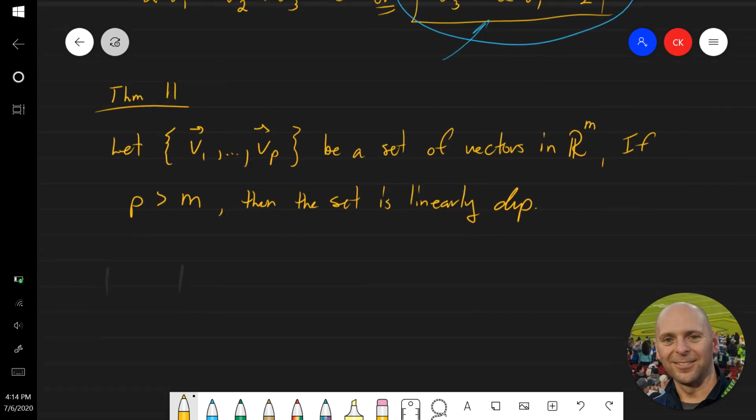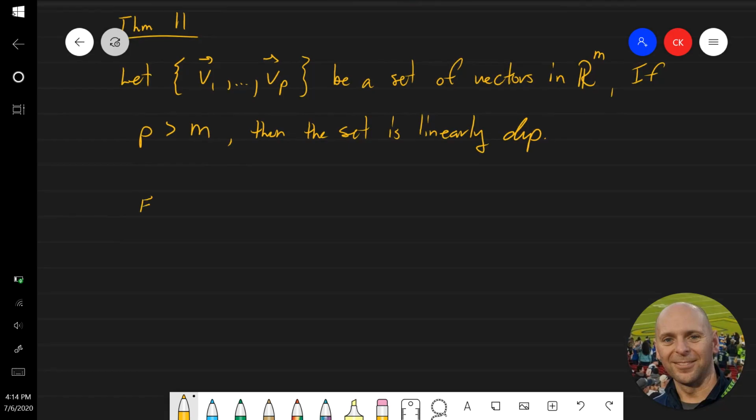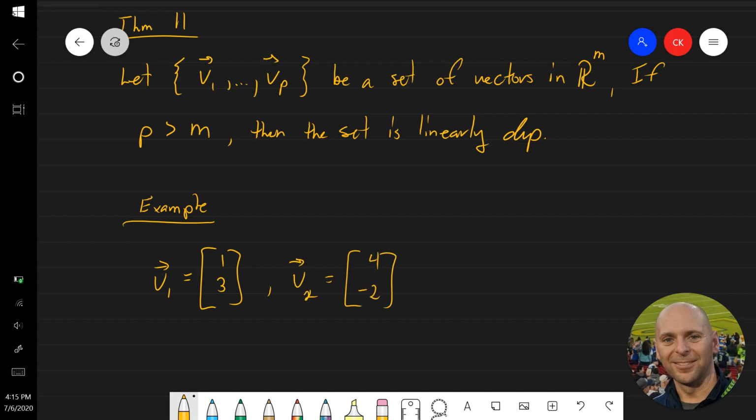And here's a quick example for that as well. It's not a terribly difficult concept to get, but sometimes reading the statement makes it more complicated than it really is. So we'll take V1, V2, and V3 here. I'll take 3 vectors. And that's a 5.